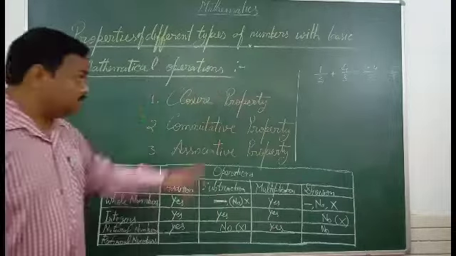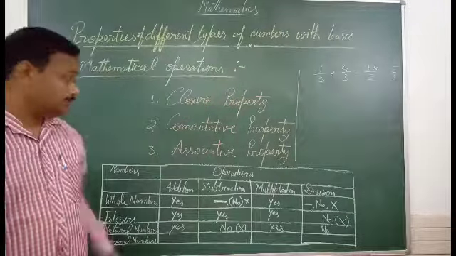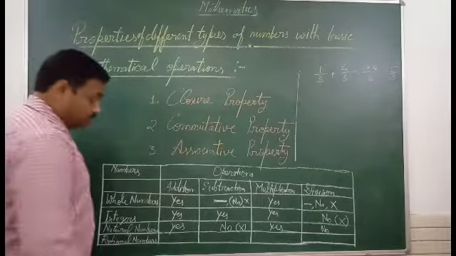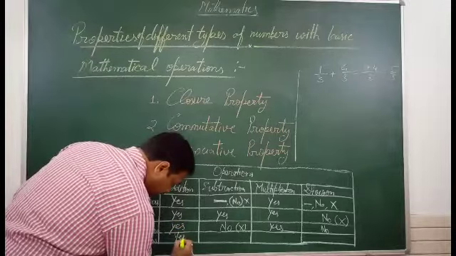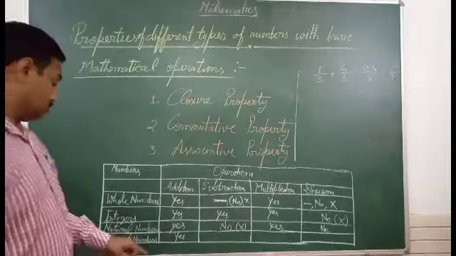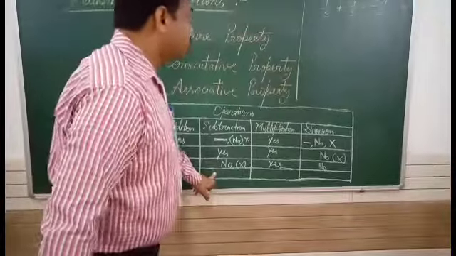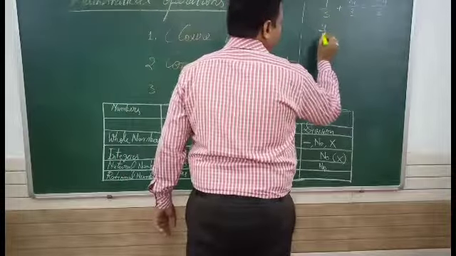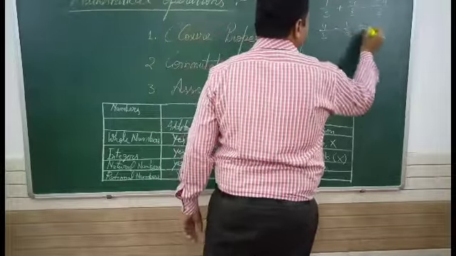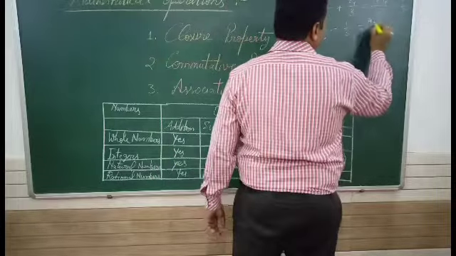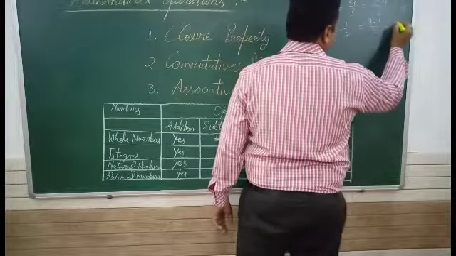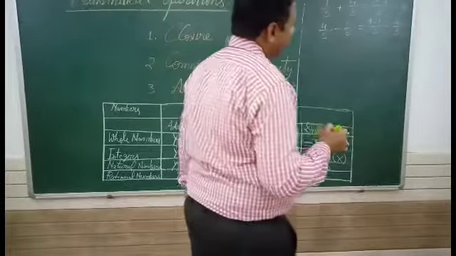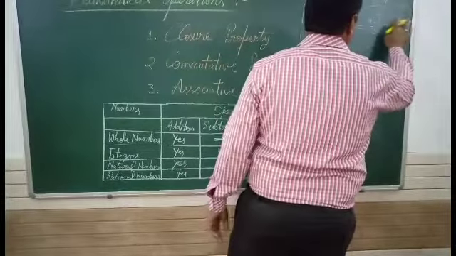So this number is a rational number. So under addition, rational numbers are closed. Yes, rational numbers are closed. Under subtraction, what will happen? Suppose 4 upon 3 minus 1 upon 3, you do the subtraction. 4 minus 1 upon 3, it becomes 3 upon 3.